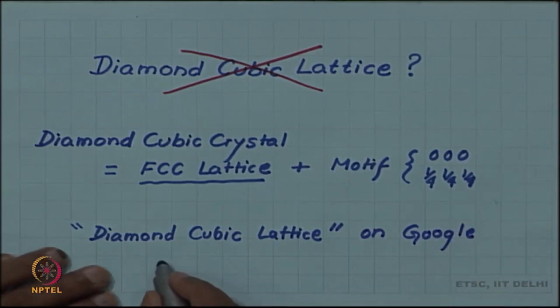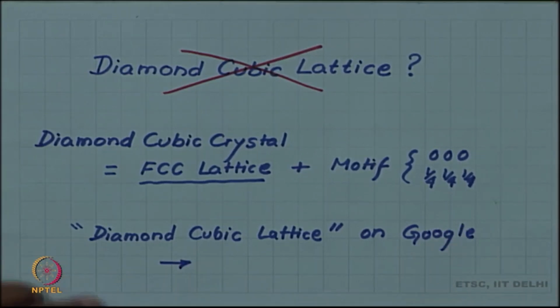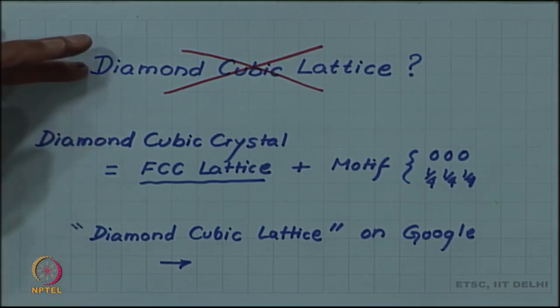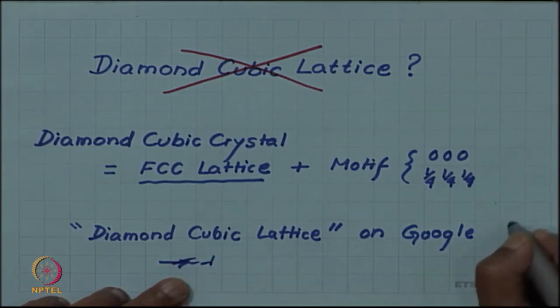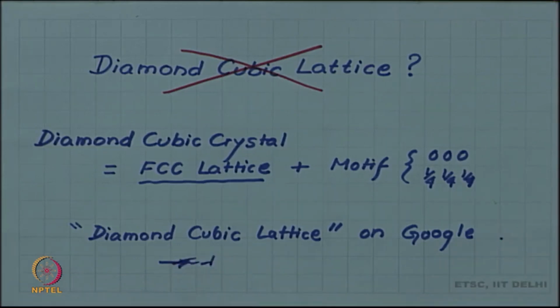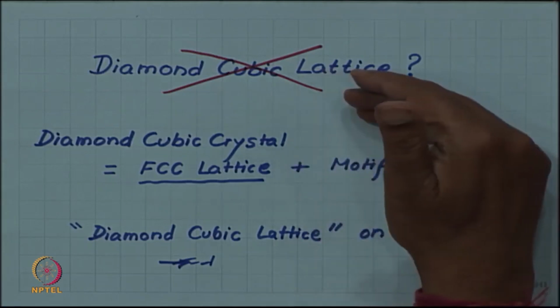It will happily throw you thousands of websites which use the phrase diamond cubic lattice, which is incorrect. You can also see why this is incorrect.